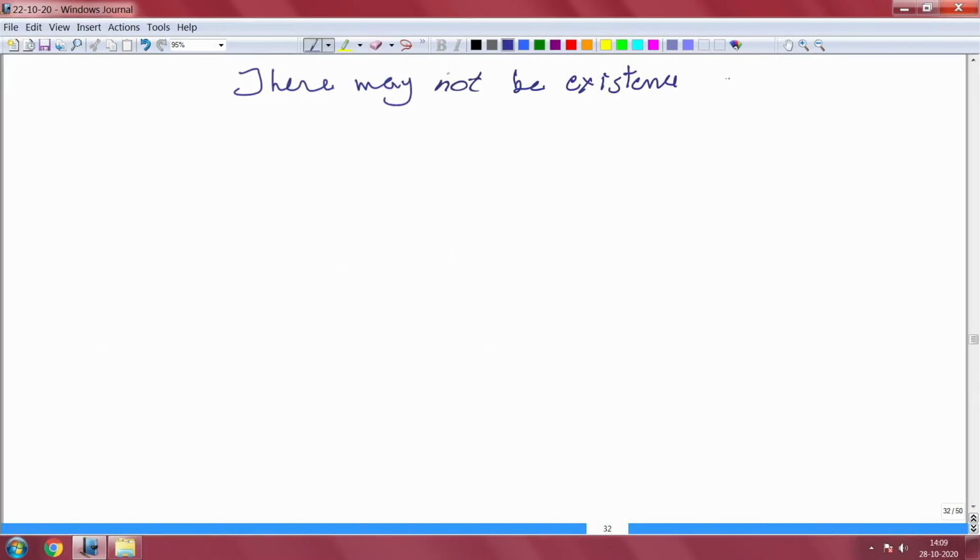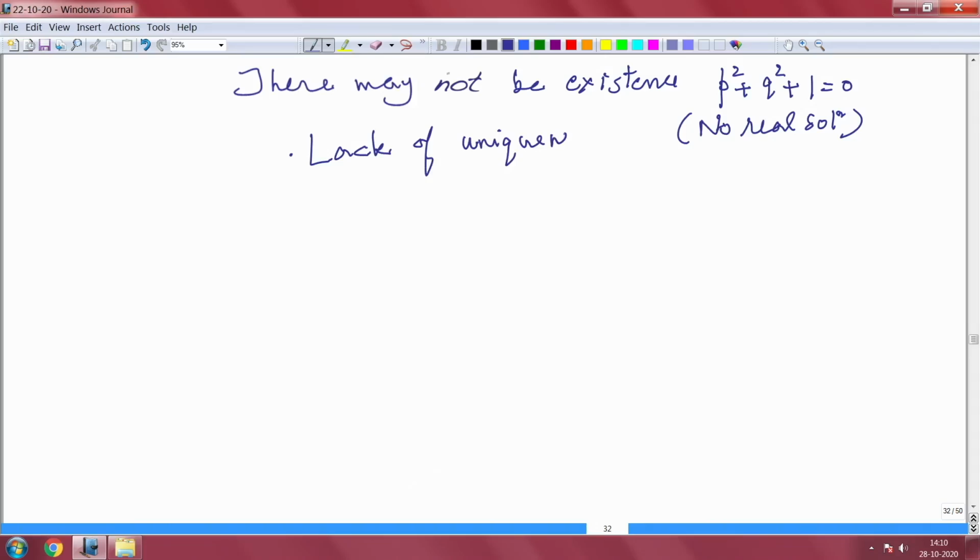There may not be existence, you may not be able to solve. For example, suppose you need to solve p square plus q square plus 1 equal to 0, there is no real solution, because something squared plus 1 cannot equal 0. There may also be a lack of uniqueness. I am talking about the initial value problem, and for a given initial value problem all these things can happen, as you see in this example.